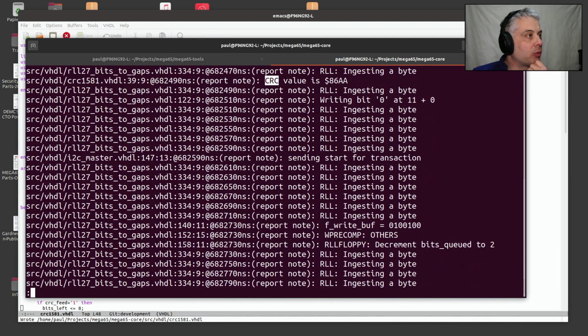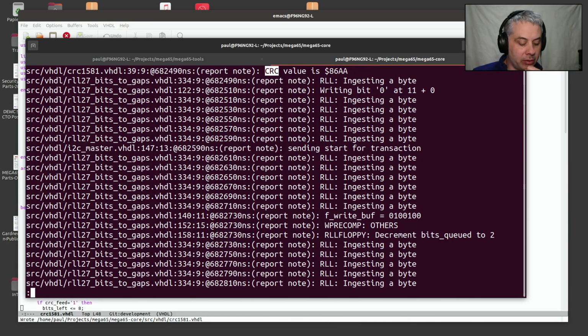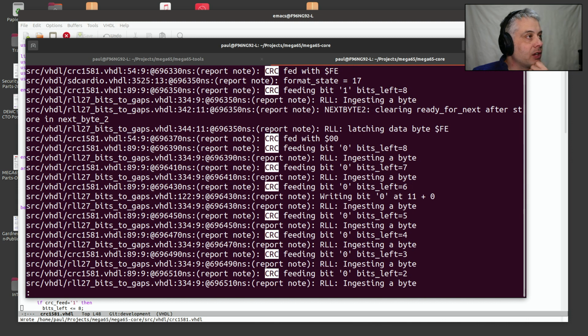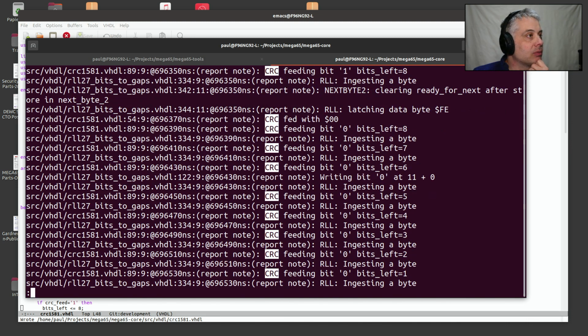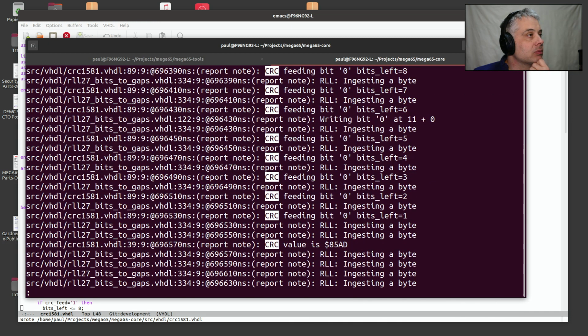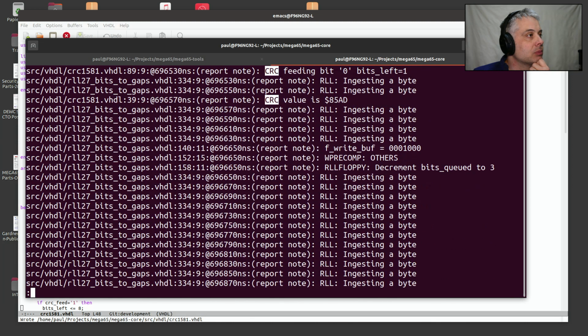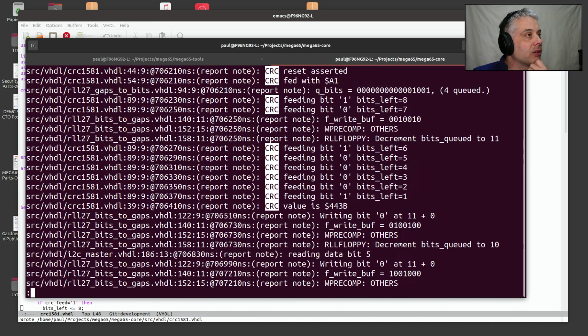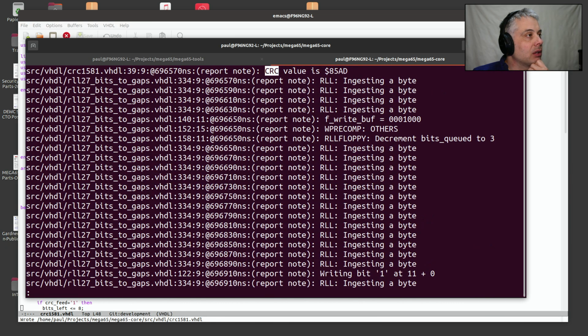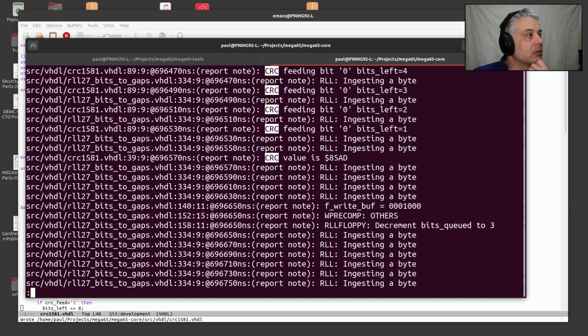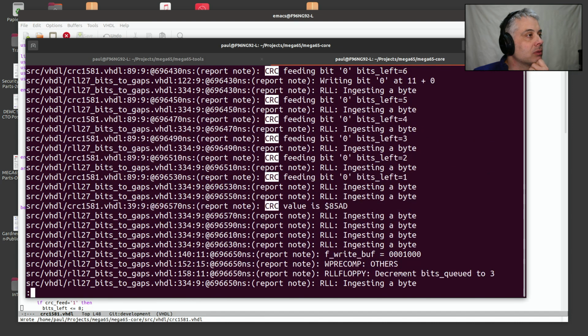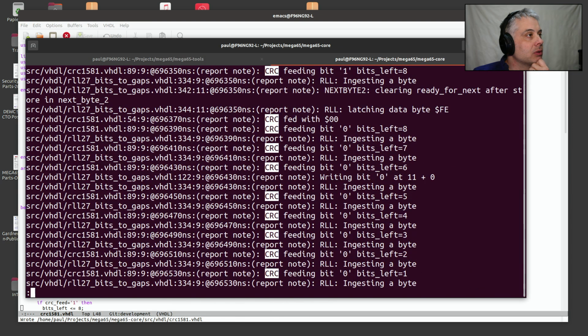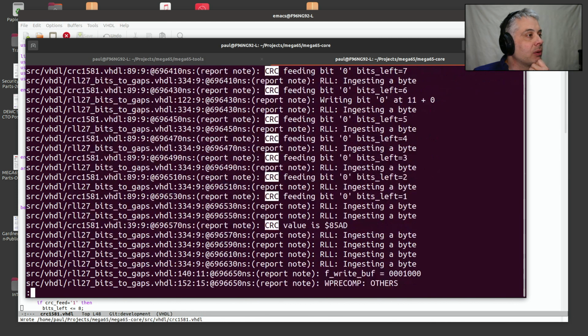So it's also showing us what the cumulative CRC value is, which is good. Then we're feeding it with an FE, so that's good. Then we're feeding it with a 0.